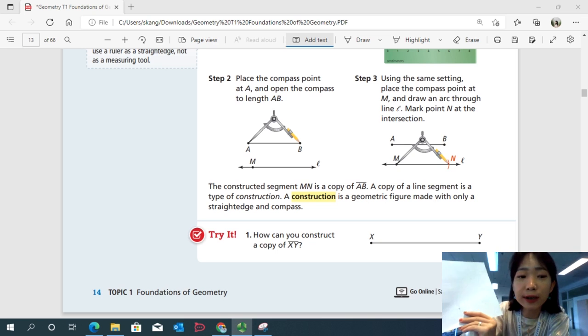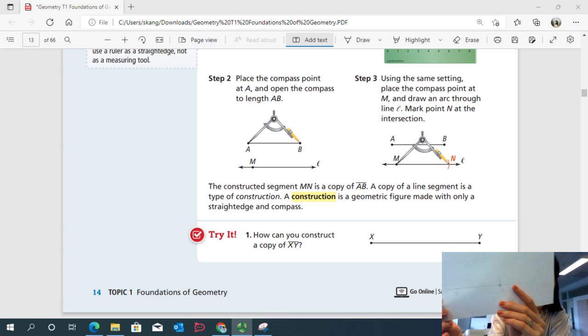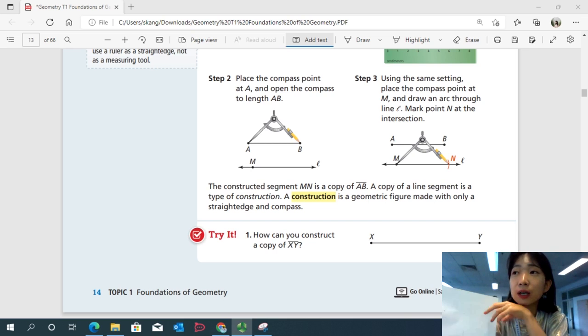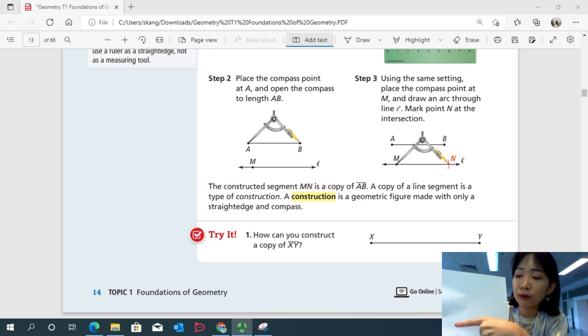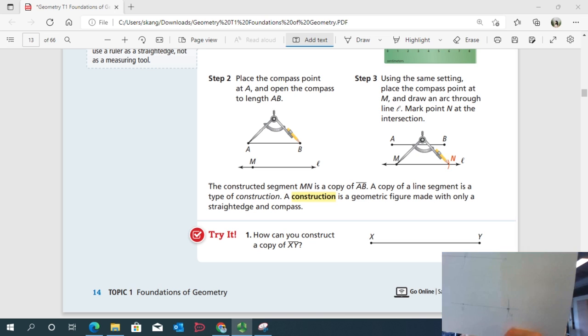Start with drawing a line and then put a starting point that represents X. Put the tip of the compass on the original point X, and measure by putting the other tip of the compass on point Y. Without changing the angle of the compass, draw an arc from your new point X. The intersection of that arc and your line will be the copy of point Y.